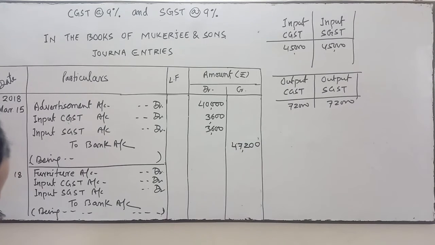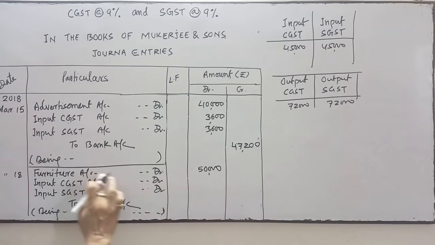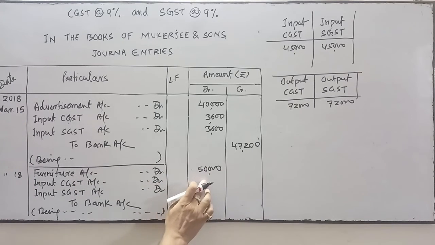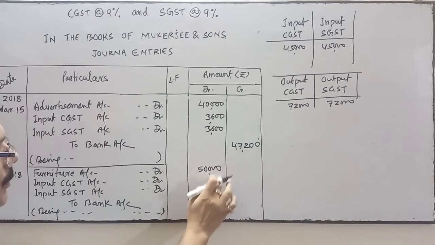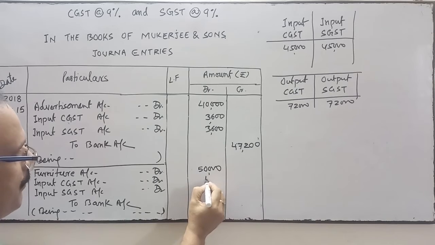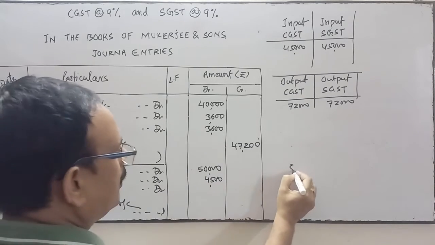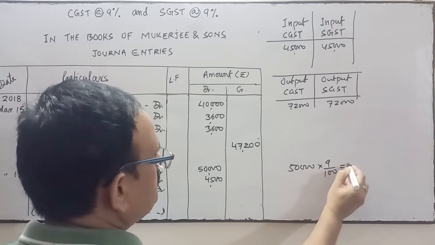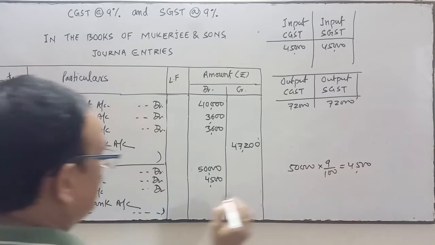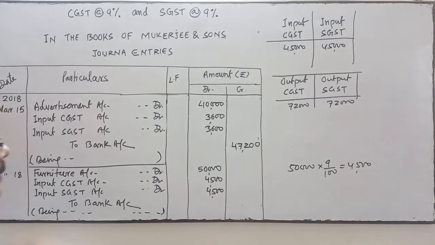Furniture is of rupees 50,000. So write the amount of furniture first. Furniture is 50,000. Thereafter you calculate the 9% CGST and 9% SGST on this amount. 9% of 50,000 is 4,500, and 9% of the same amount is 4,500.